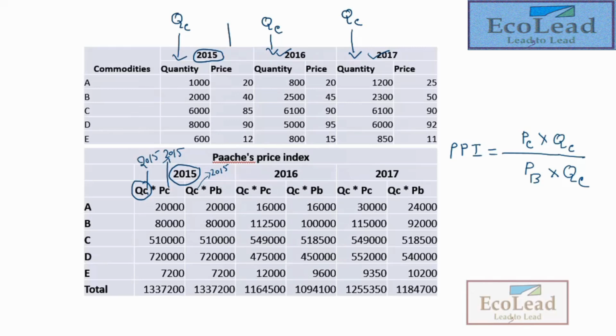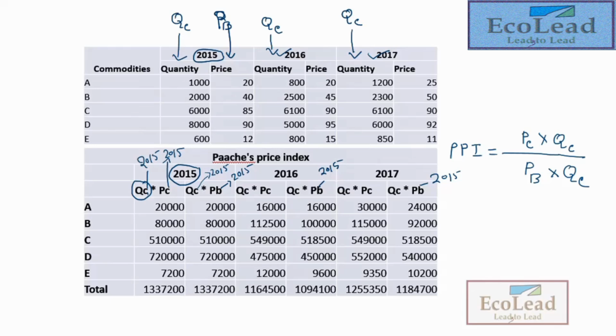Here the price for the base year will be 2015's price. So this will be the price of the base year, and that will be common for all these cases, whether we are calculating the purchase price index for 2016 or for 2017. This base year is 2015, and that will be the same for all the years, but the current year's quantity will change.